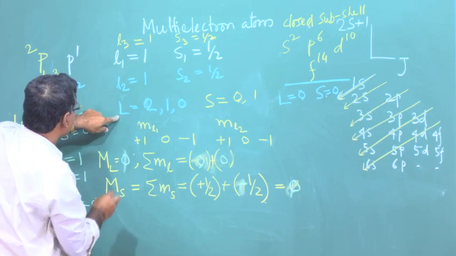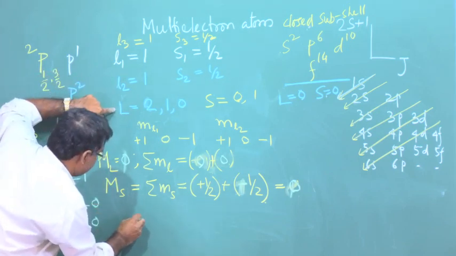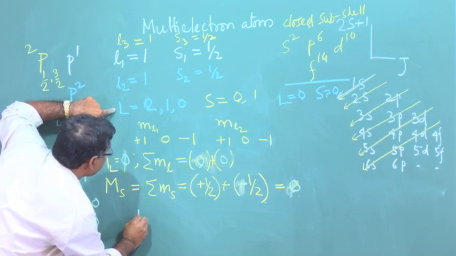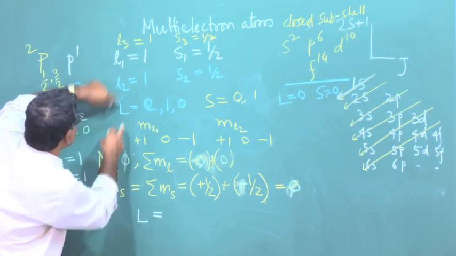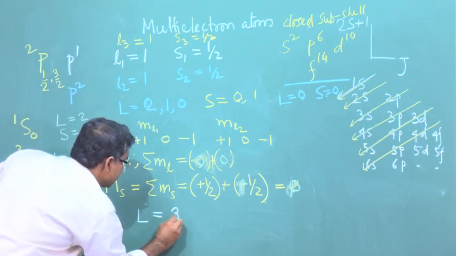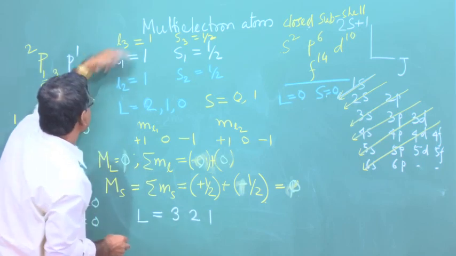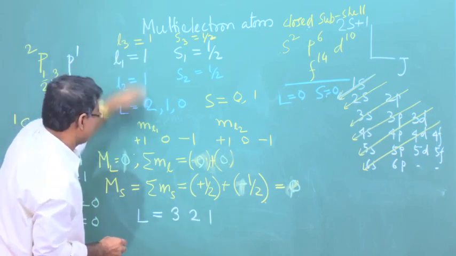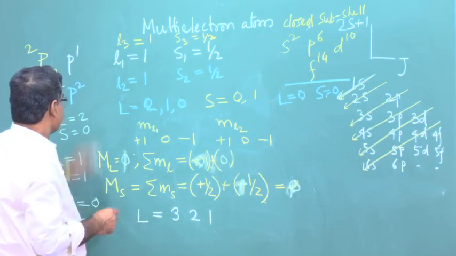So, for L equal to 2, I will get L equal to 3, 2, 1, because 2 minus 1 is 1.